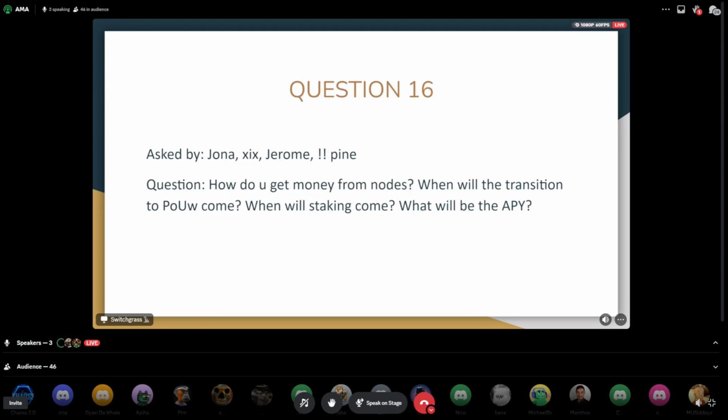Yeah, so node operators will be receiving AIPG from operating the nodes and providing to the network. And then I guess they're probably asking about validator nodes due to the APY comment. Validator nodes will receive rewards for validating transactions and AI compute work, and that is coming in Q3. So proof of useful work should be fully rolled out sometime in Q3.